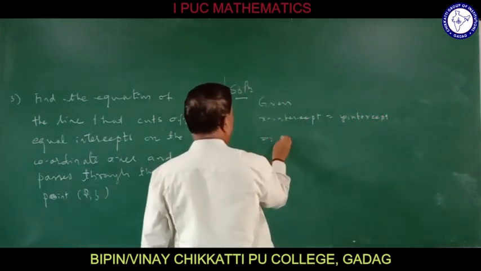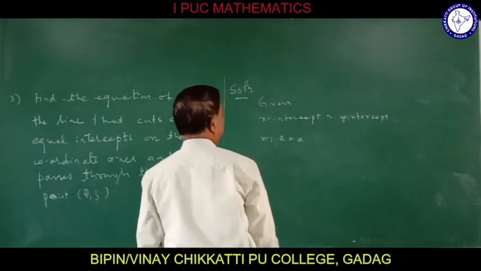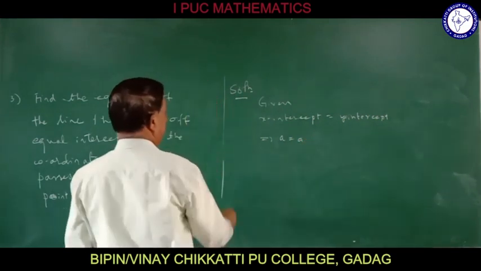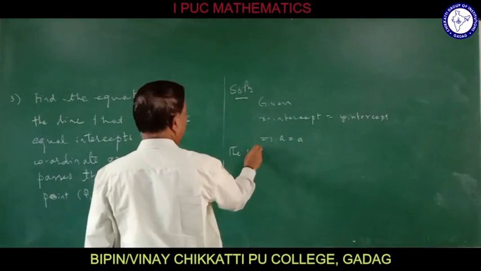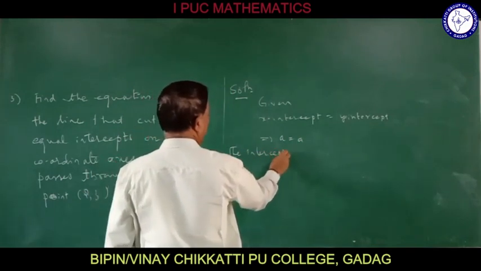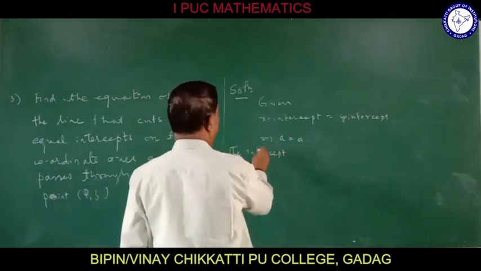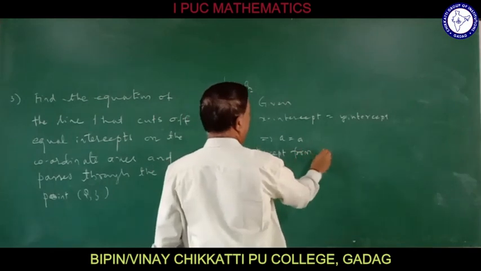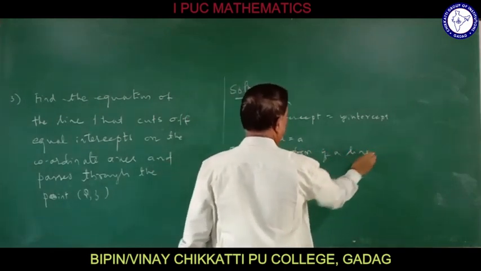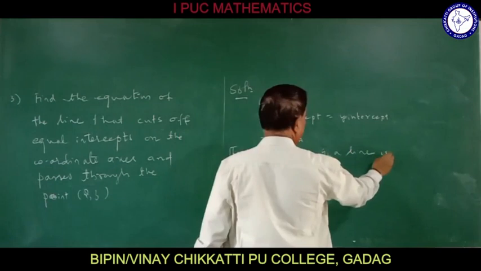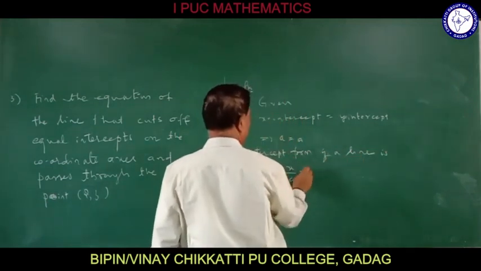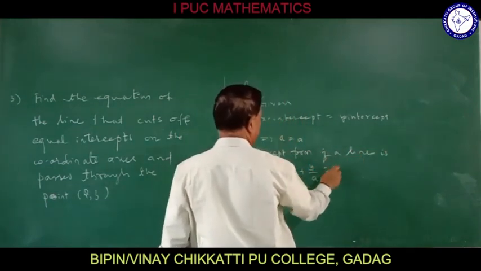This implies a is equal to a. The intercept form of a line is x by a plus y by b equal to 1.